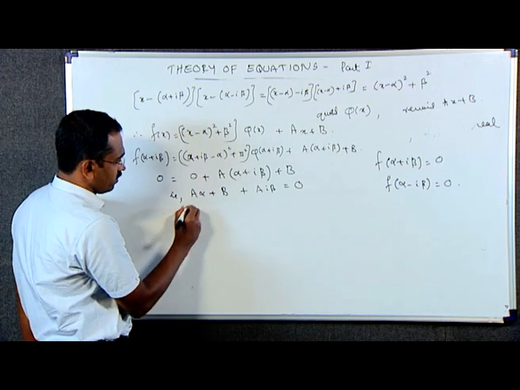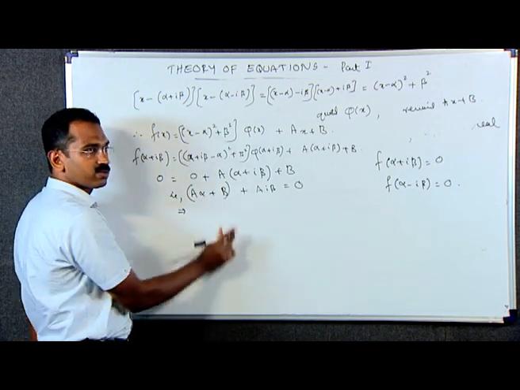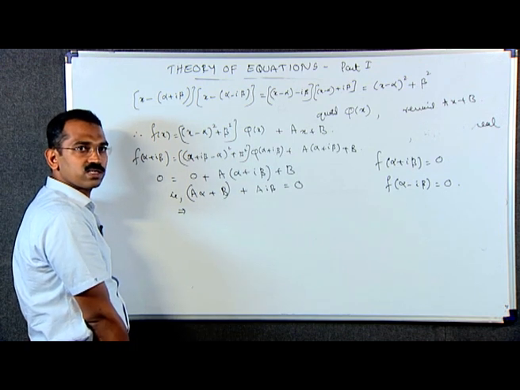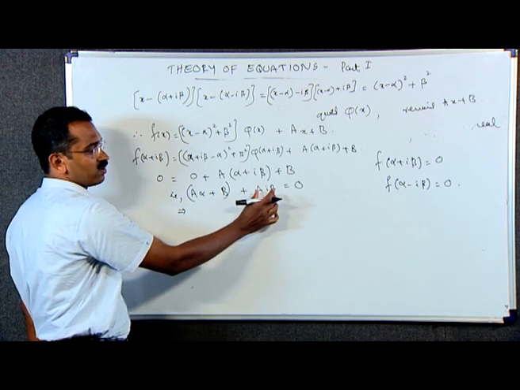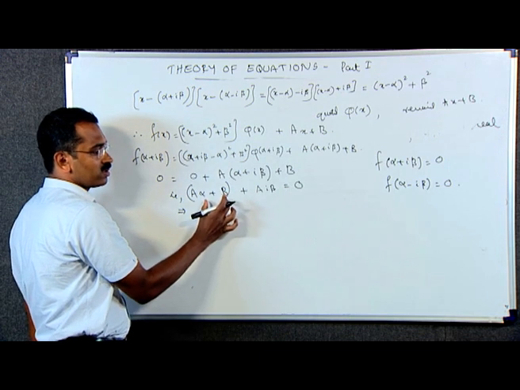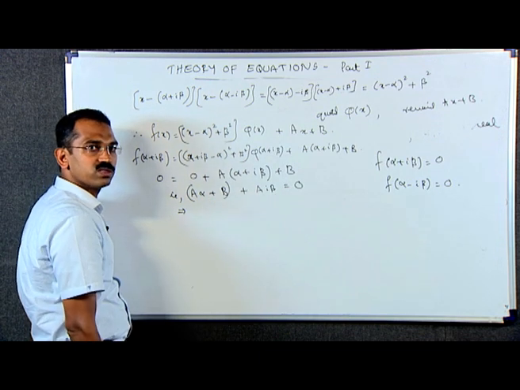This means that, consider this a alpha plus b as a single term. This sum equal to 0 means both these two terms will be 0.